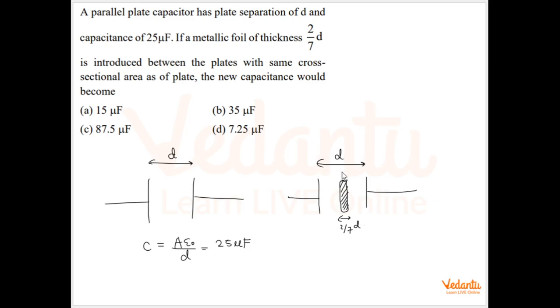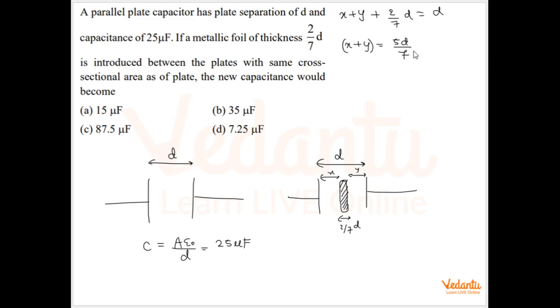Now let's say beta, the distance remaining on both sides is x and y. So you can say that x plus y plus 2 by 7d is equal to d, which gives me x plus y is equal to 5d by 7.